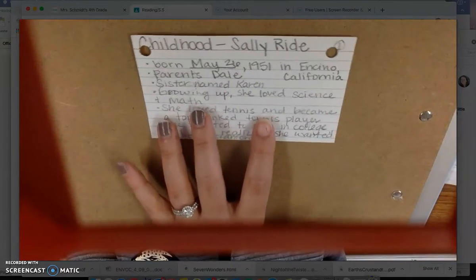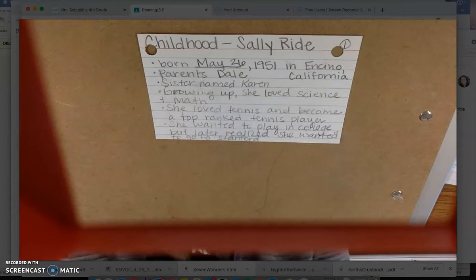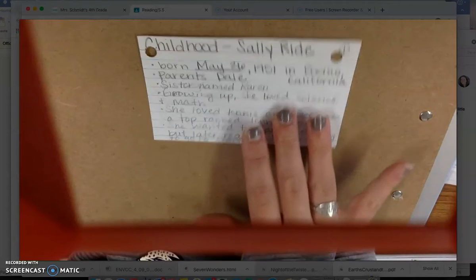Here's my example. If I did childhood for Sally Ride, I might have found that Sally Ride was born May 26, 1951 in Encino, California. Her parents were Dale, and she had a sister named Karen. Growing up, she loved science and math. She loved tennis and became a top-ranked tennis player. She wanted to play in college, but later realized she wanted to go to Stanford. That's just my example of childhood.